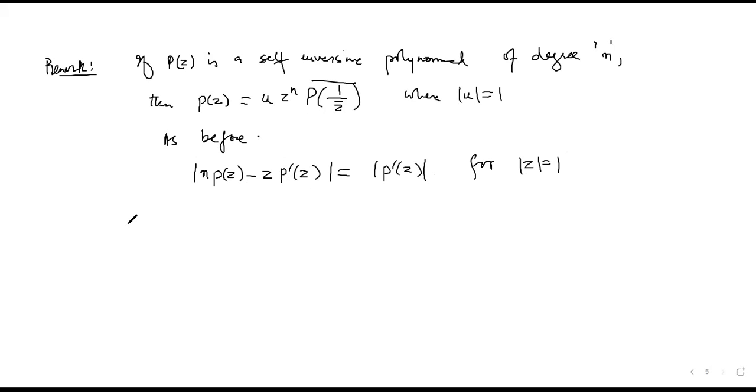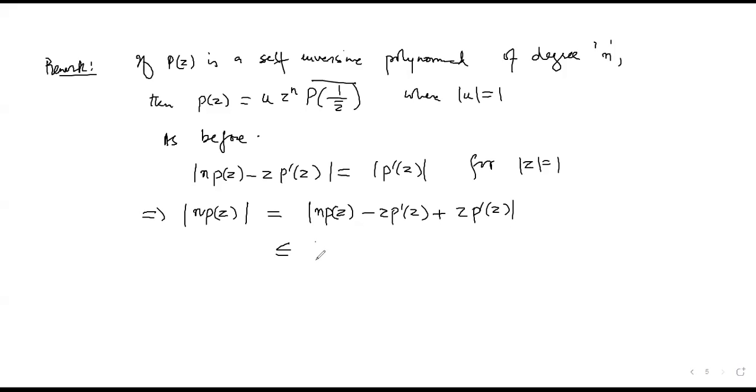So we will get this, which would imply n times p of z in modulus can be written as n times p of z minus z times p dash of z plus z times p dash of z, where I added and subtracted the same thing.